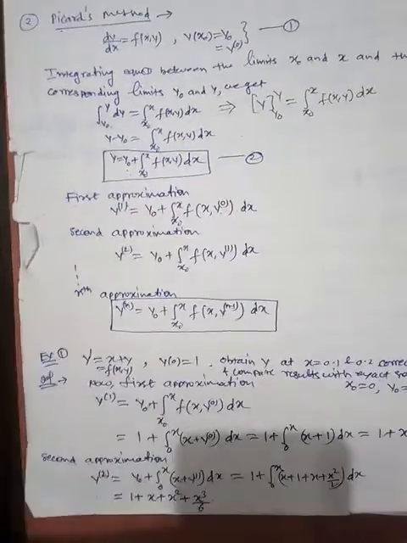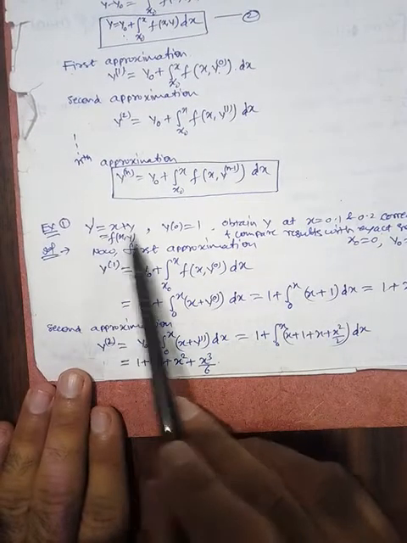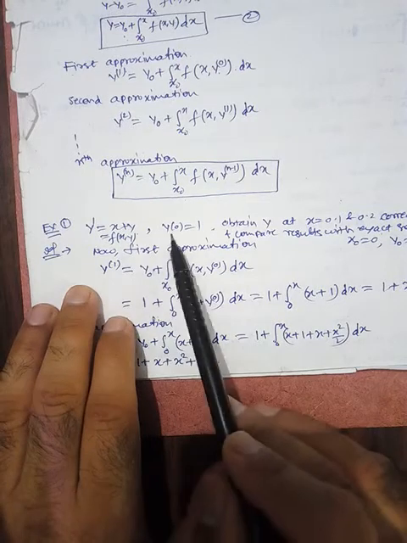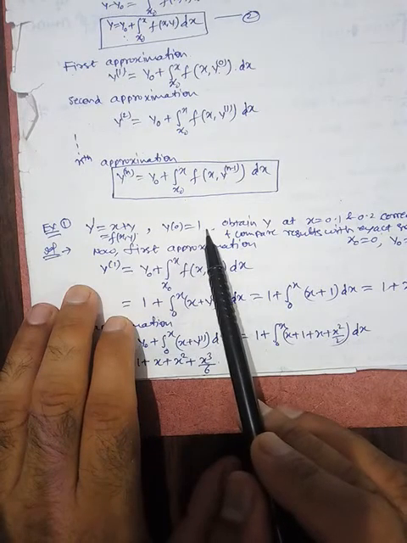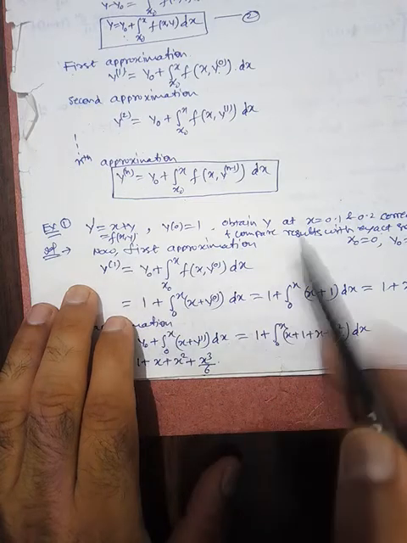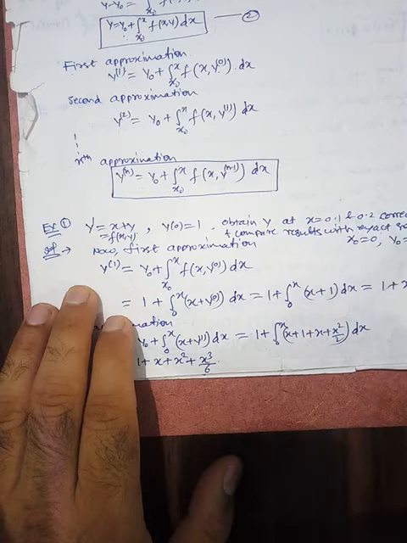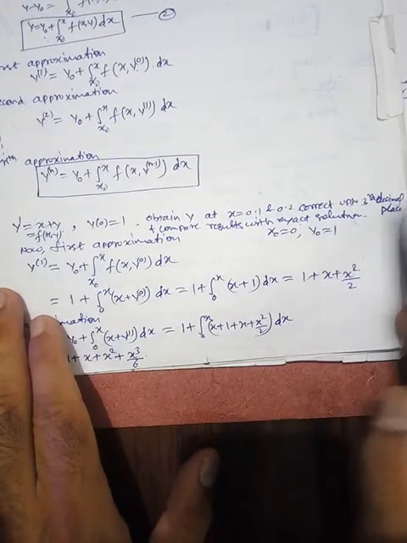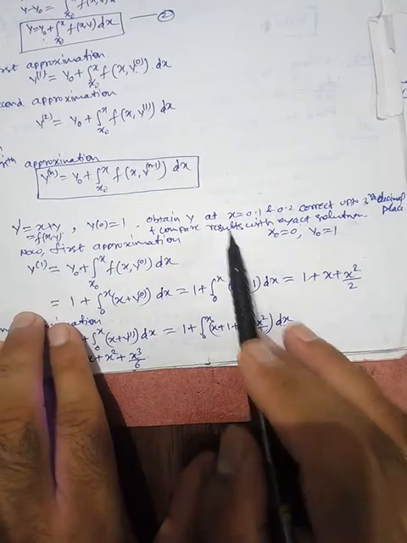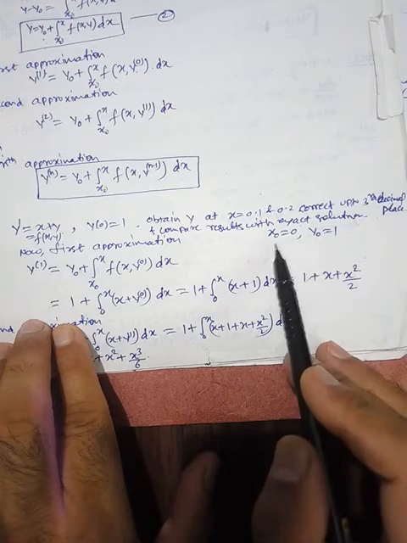Let's see how to apply this. Here is an example. y dash is x plus y, y at 0 is equal to 1, and this is our function f of x, y. Fine. So obtain y at x equal to 0.1 and 0.2, correct up to third decimal places, and compare results with the exact solution.